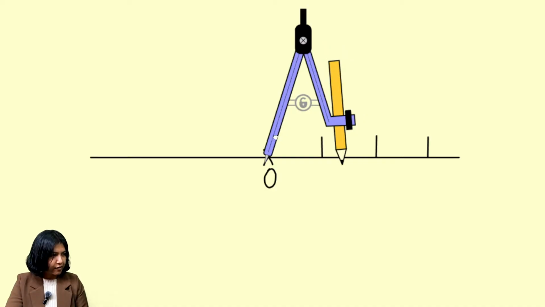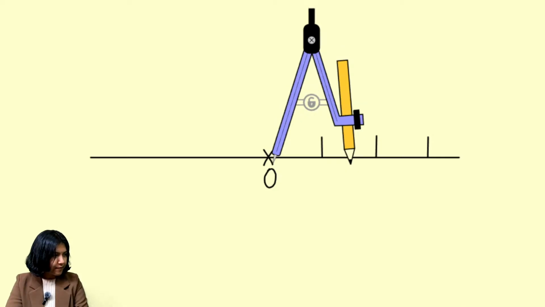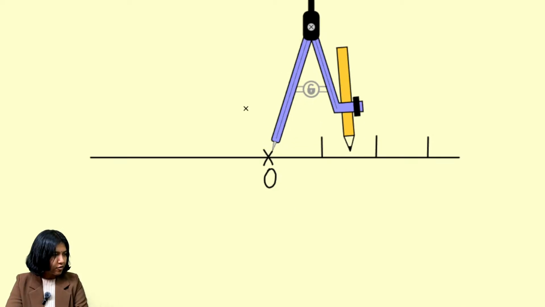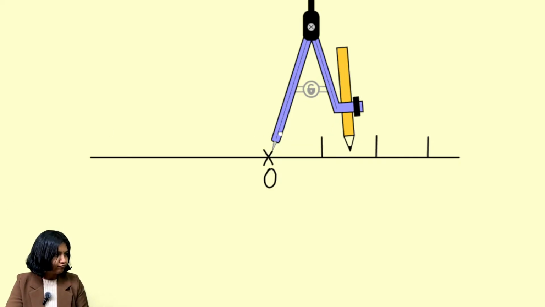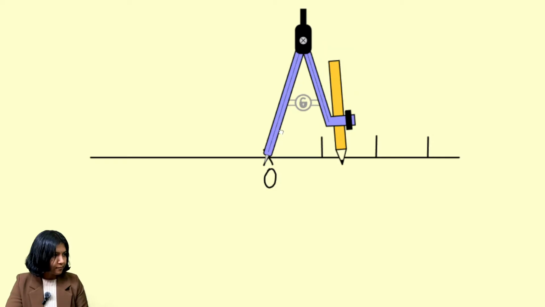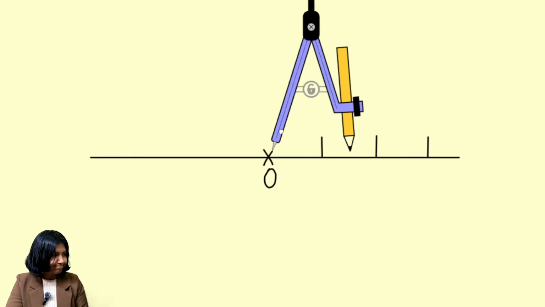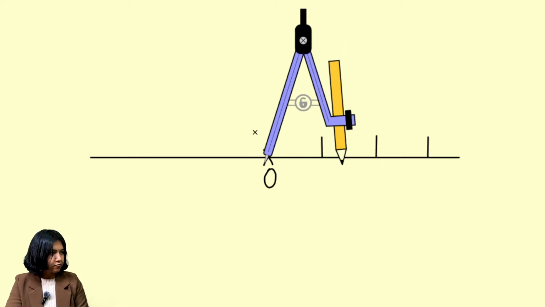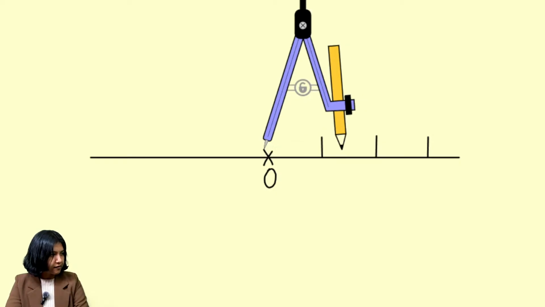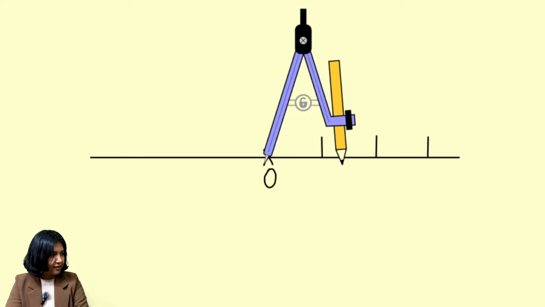I want to take it at 0 actually, just a second. It's not exactly at 0. I need to keep it exactly at 0. My marking here is not letting me keep my compass exactly at the center.